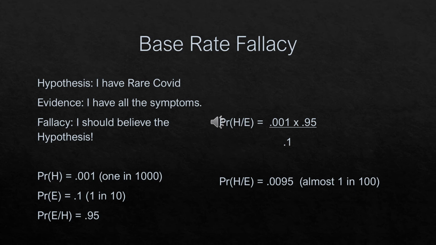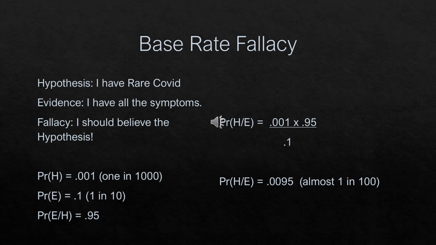The probability of the evidence is like 1 in 10. So 1 in 10 people that have COVID have all of the symptoms of rare COVID. So now we've got an interesting set of information: 1 in 1,000 people get rare COVID, but 1 in 10 people get these symptoms when they get COVID.